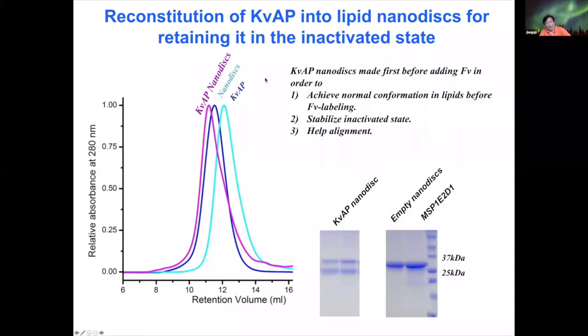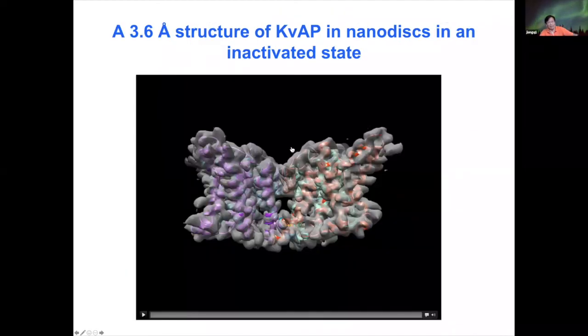For the inactivated state, we have the channel in a nanodisc, which is bound to an Fv, an immunoglobulin domain, which allows us to align the particles.